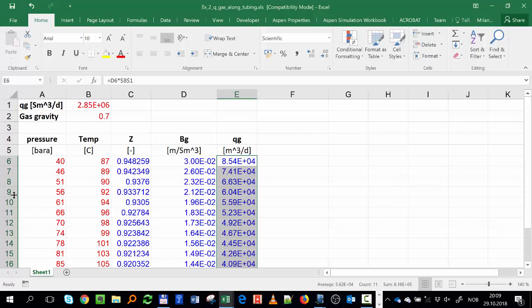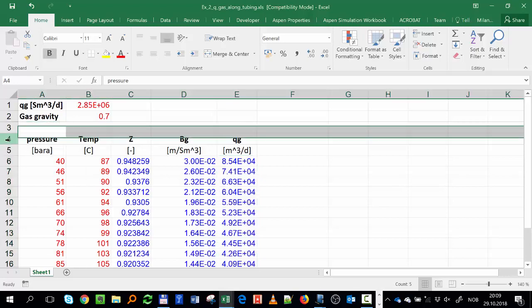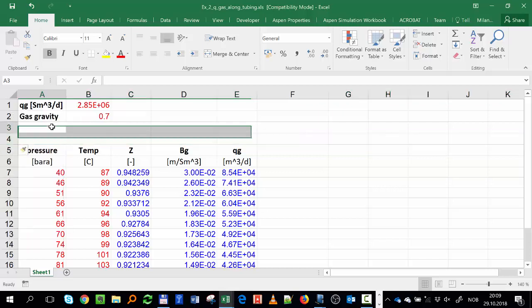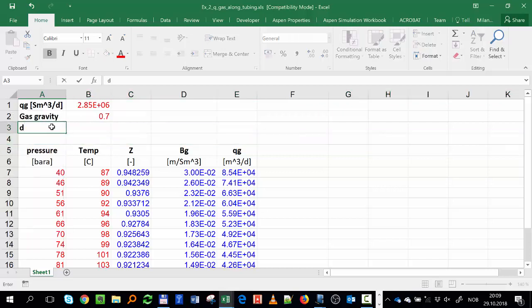For that, I have to put here diameter. So I suggest we add it here, D, and that will be in meters. And then we have area, that will be meters squared.